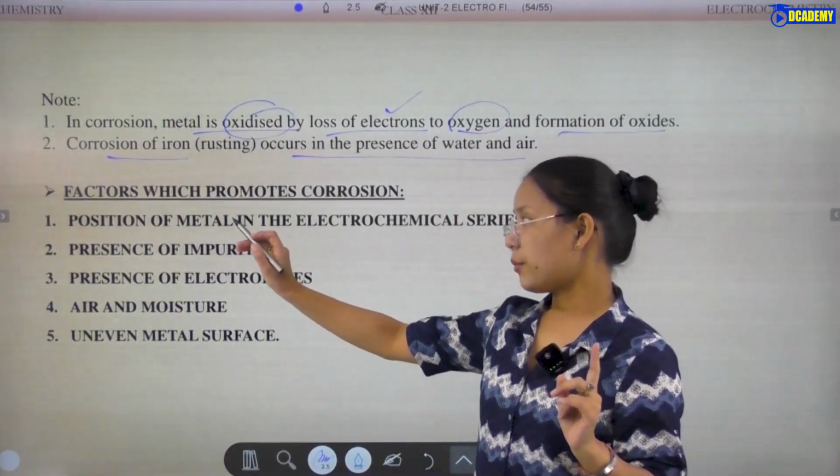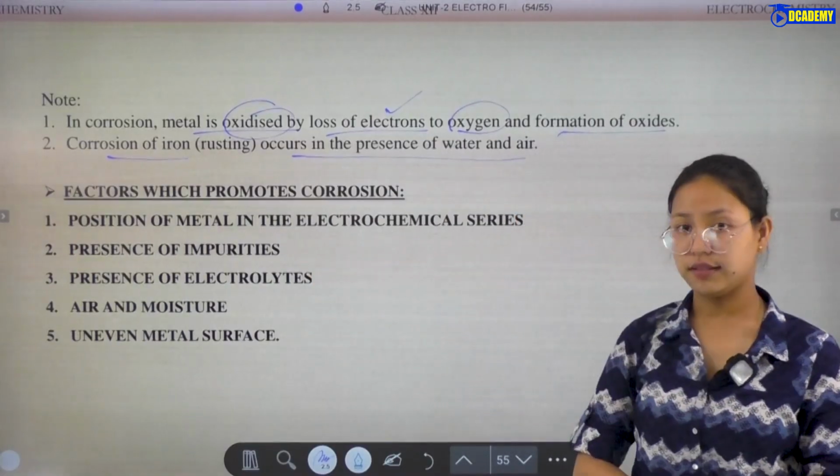First one: position of the metal in the electrochemical series.